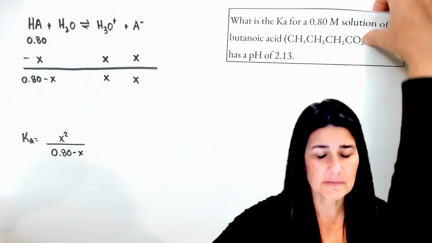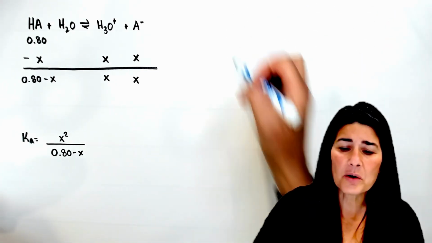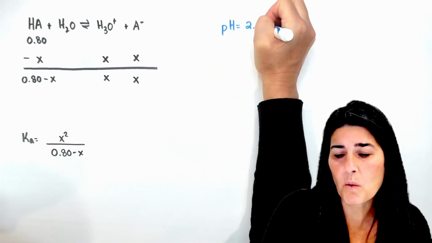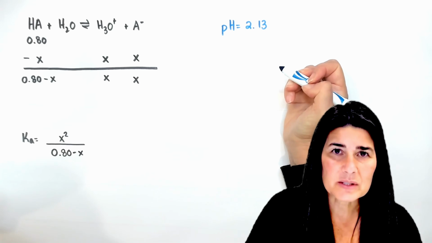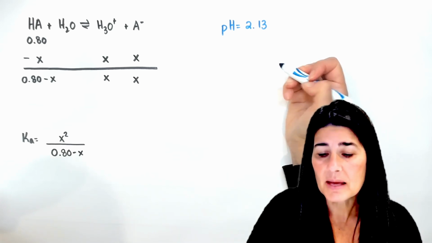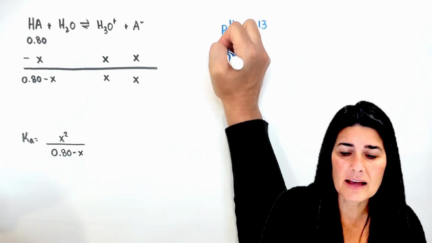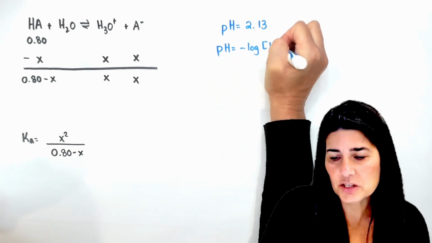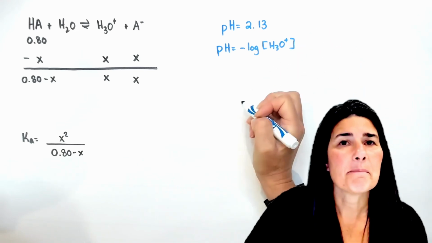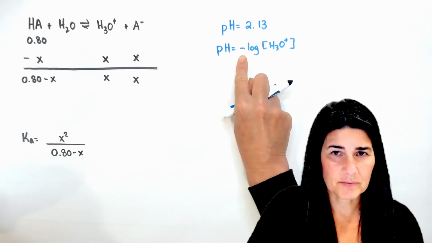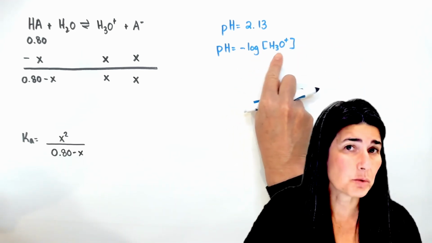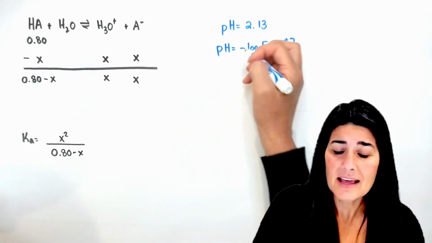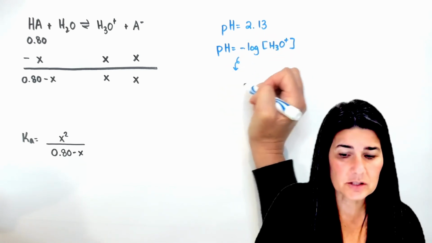I'm going to remove this to give myself a little more room. We know that we have a pH equal to 2.13. Now I can use that pH to find my hydronium if I use the formula pH is negative log of the hydronium concentration. By fiddling around with this formula and evaluating it for H3O+, hydronium, first thing I'm going to do is take the negative over to the other side, and then I'm going to inverse log it.